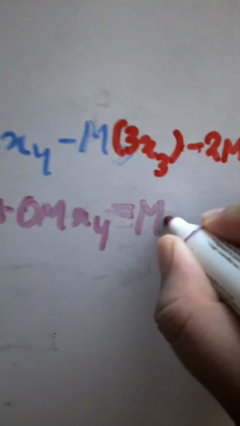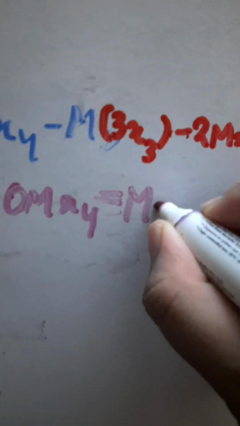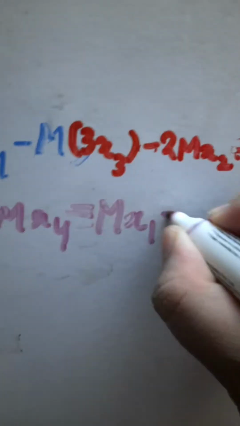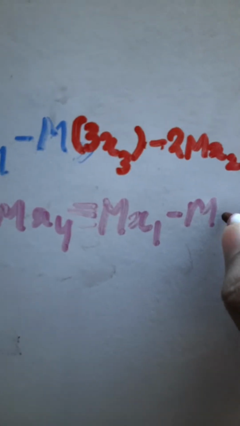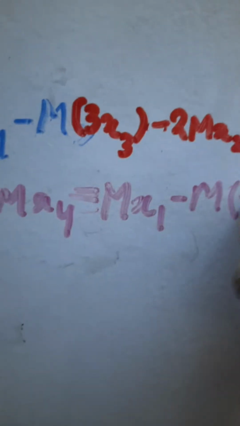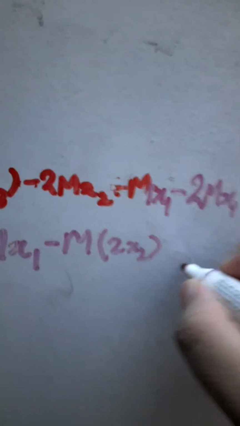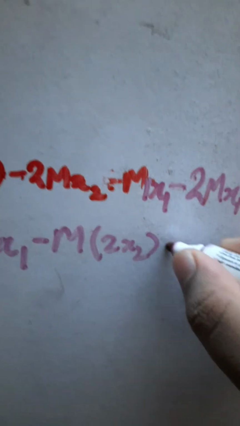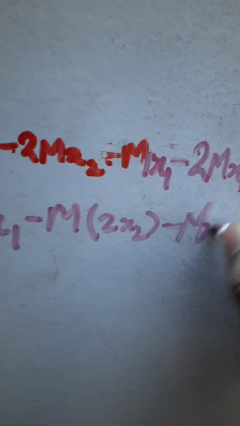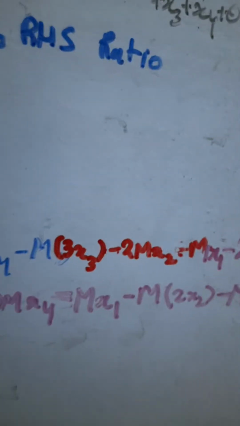Wait a second. This marker is also dead. Is it visible, right? Yeah. Minus mx1 minus m2x2 minus mx3 minus mx4, right?